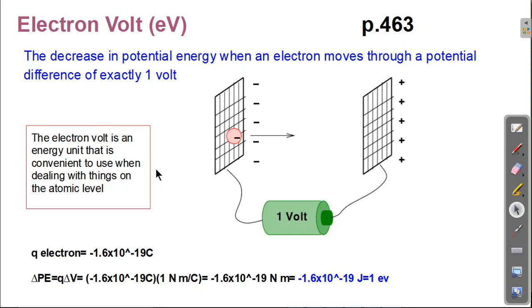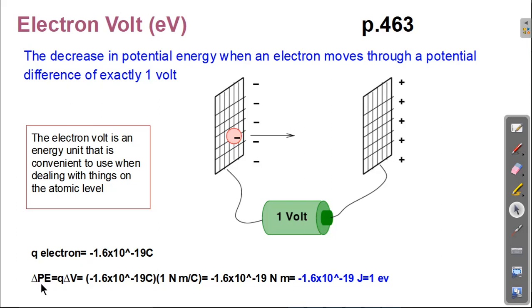The electron volt is an energy unit that is convenient to use when dealing with things on the atomic level, so very small. You know that the charge of the electron is negative 1.6 times 10 to the minus 19 coulombs. We have used that before. The proton would have the same magnitude, but with a positive sign.